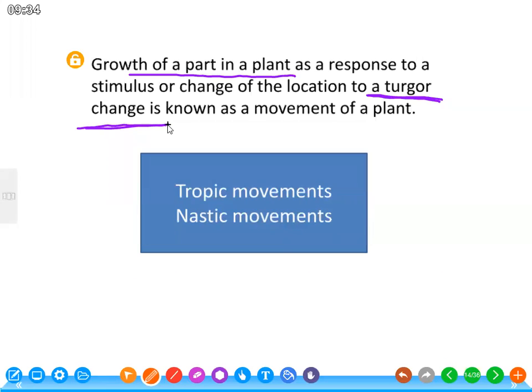So there are two types of movements: tropic movements and nastic movements.